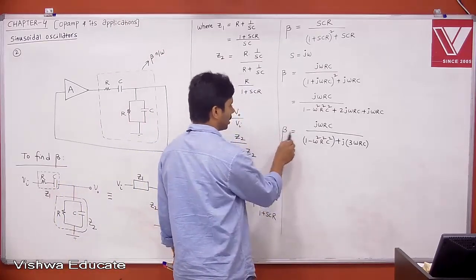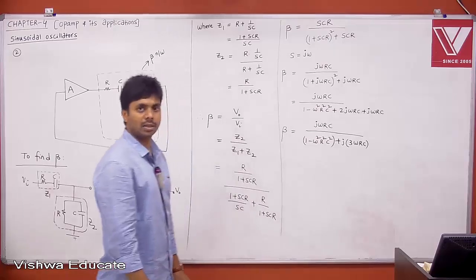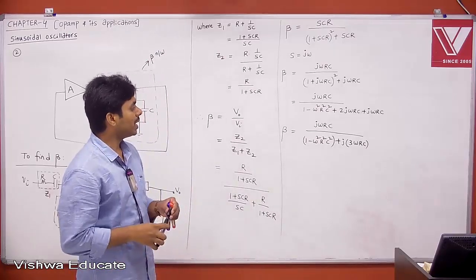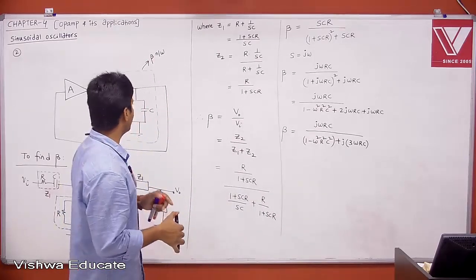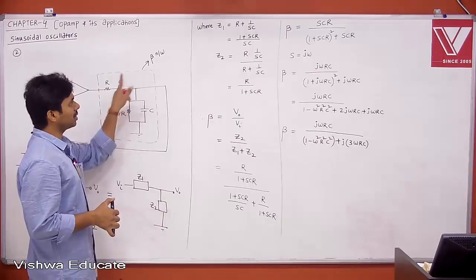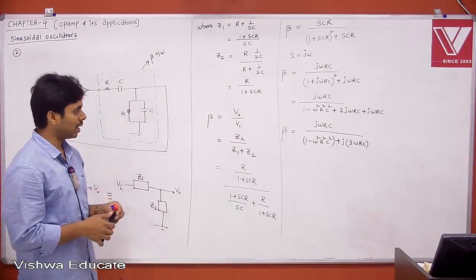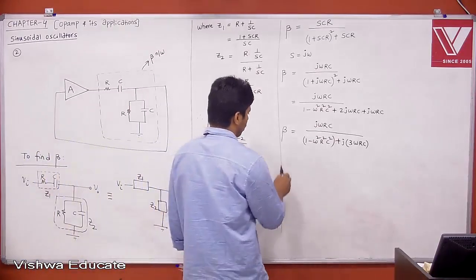Now we got beta, but it is depending on J. I want to make it independent of J, then I will get either 0 degrees or 180 degrees phase shift from the beta network. Therefore what is the condition?